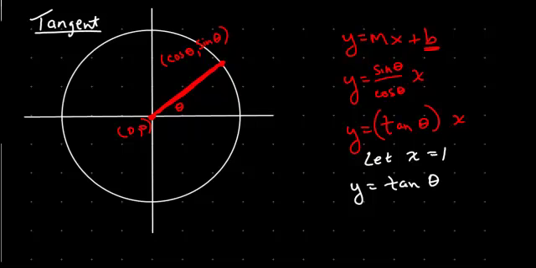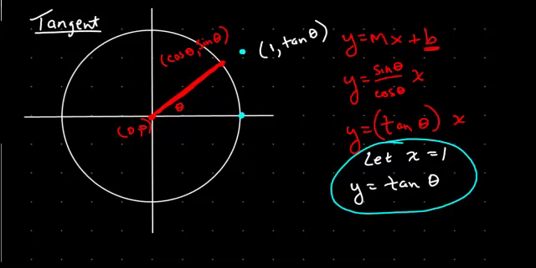Well, what that means here is that when x equals 1, right there, the y value is tangent theta. So interestingly enough, let me do these in a different color. There's my point 1, there's the output 1, tangent theta. That is when x equals 1, y equals tangent theta, if this is my line.